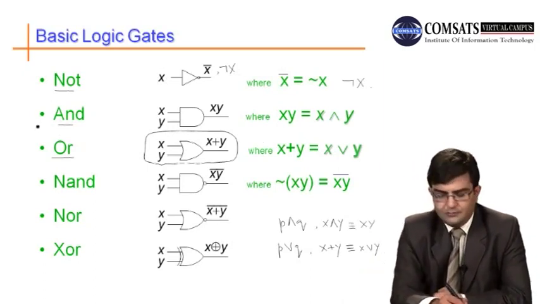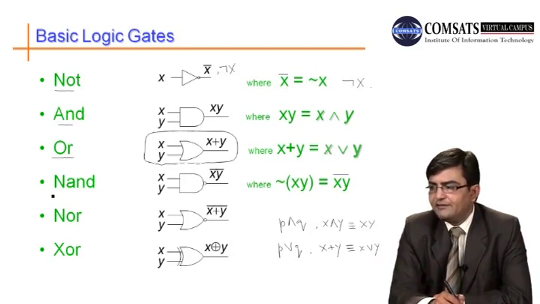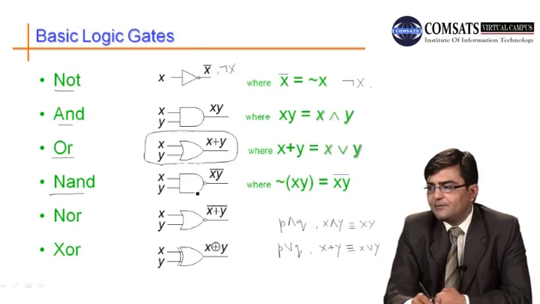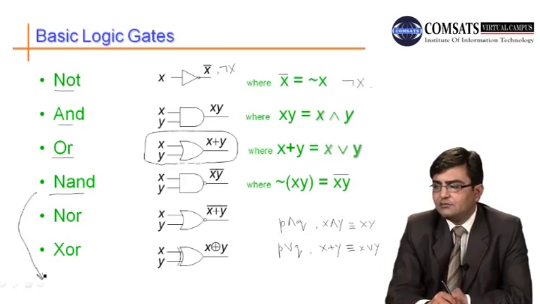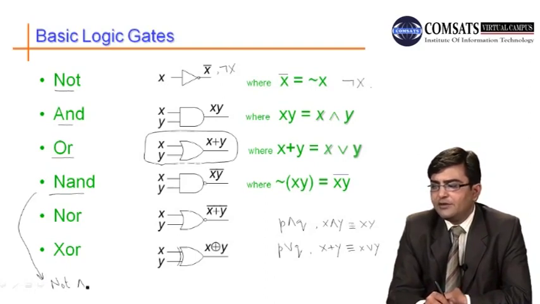For example, the third logic gate is called NAND, which is an abbreviation of not AND. If we have the not AND operator, it is read as NAND, N-A-N-D.